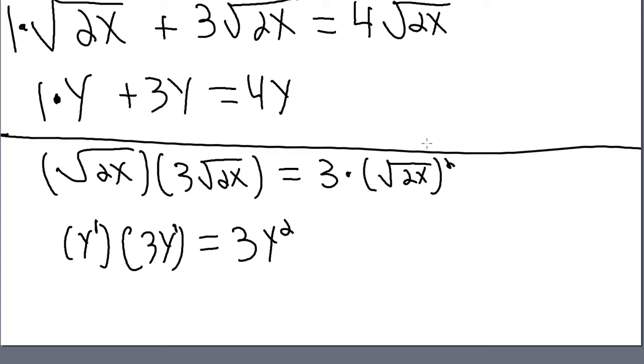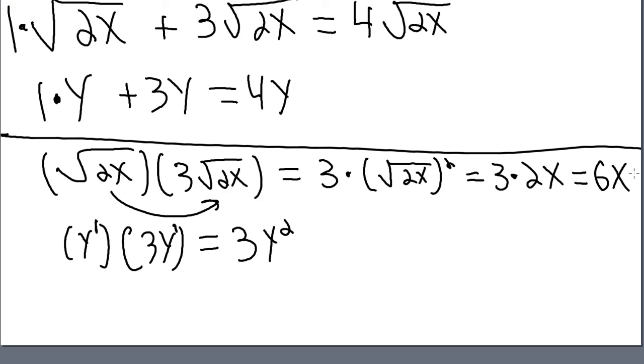That's because you're multiplying the square root of 2x times the square root of 2x. This times this. And what is the square root of 2x squared? Well, that's just 2x. And what is that equal to? Well, 3 times 2 is 6.